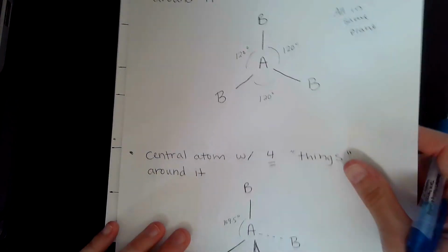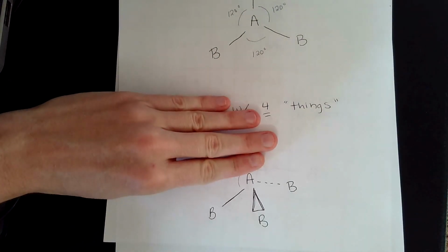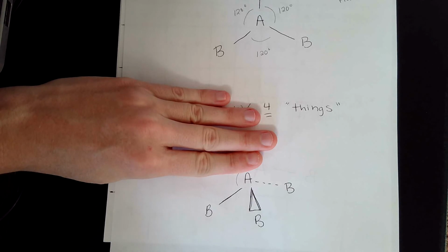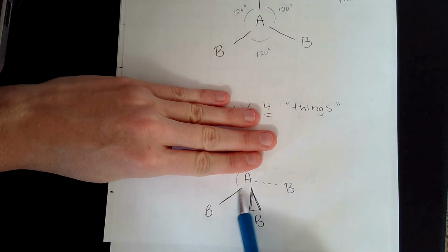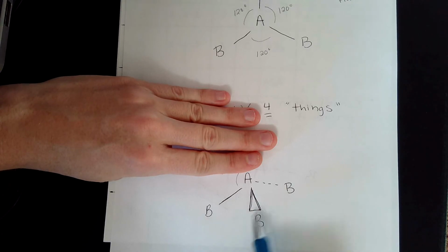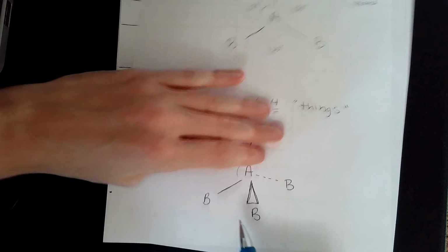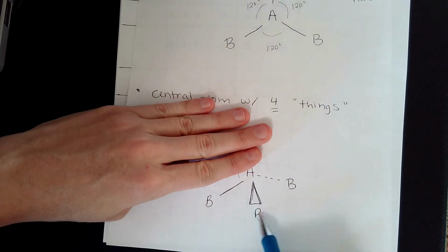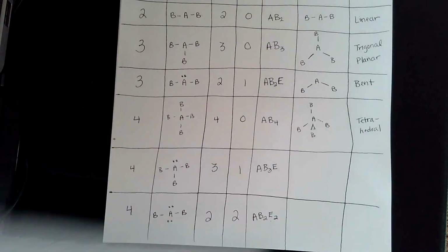Now, if I cover up one of those spots here and there's a pair of electrons there instead of a bond, what you'll notice is it still has that same triangle base, and it's kind of in the shape of a pyramid. So this one is called trigonal, as in 3, pyramidal, because it's in the shape of a pyramid.